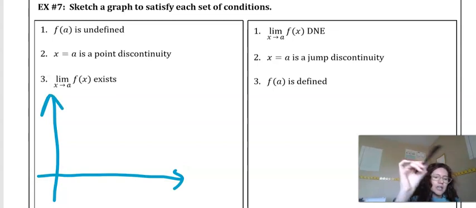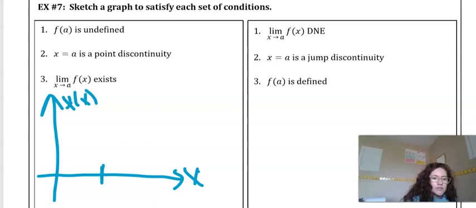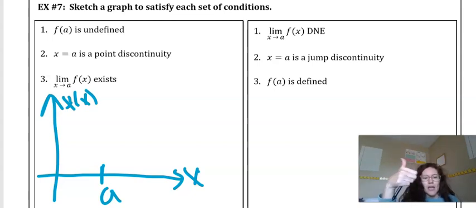So here we go. We're going to label this x. This is f of x. Put this value a here. Okay, so it's a point of discontinuity. It's undefined and the limit exists. When I hear this combo of things, that it doesn't have a value, I usually go to hole, okay? And if it's a hole, it is discontinuous there.